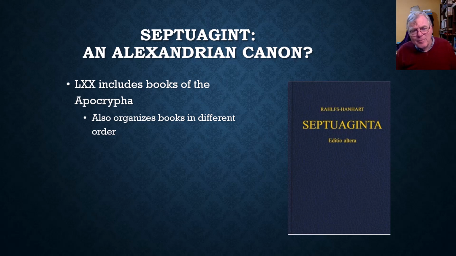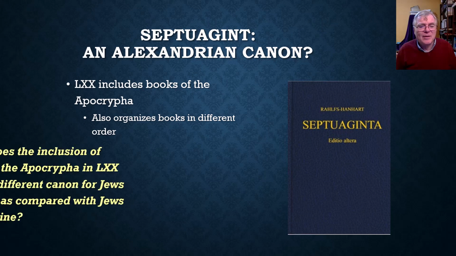Now, it's not every book of the Apocrypha in every manuscript of the Septuagint, but books of the Apocrypha show up in various manuscripts. It also, by the way, organizes the books differently than the Hebrew Bible organizes books.